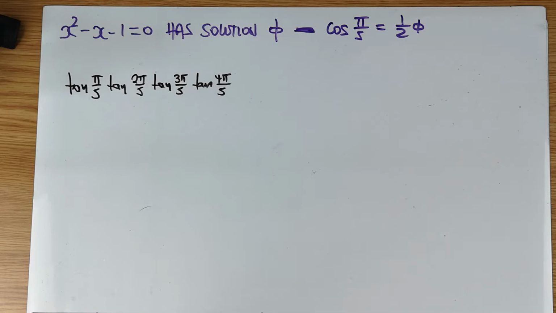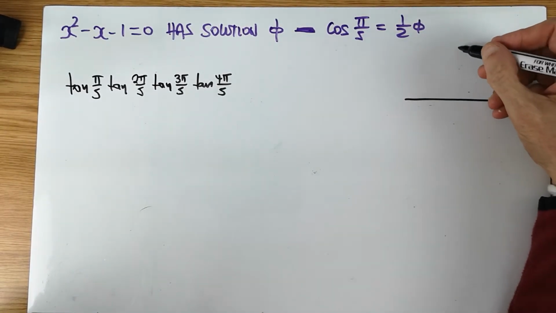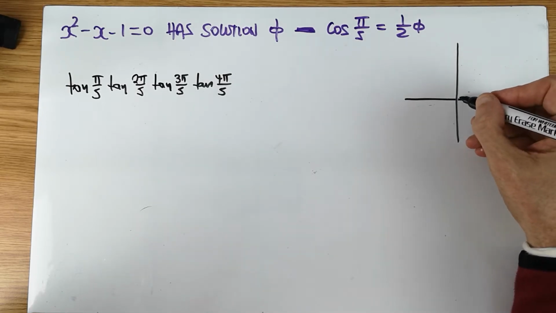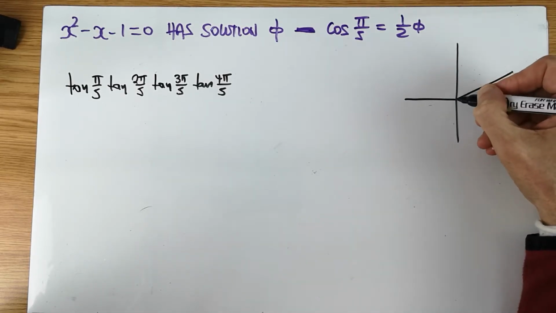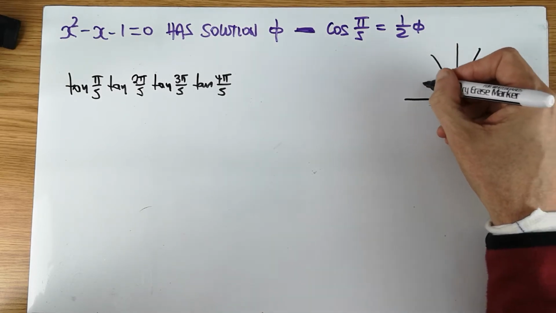We could go with tangents. The reason I probably will not is because a lot of people don't have the concept of what the tan actually represents on a diagram. It's actually gradient. For example, if you look at a quadrant diagram, pi over 5 is 180 divided by 5, so every 36 degrees: 36, 72, 108, 144, and so on.